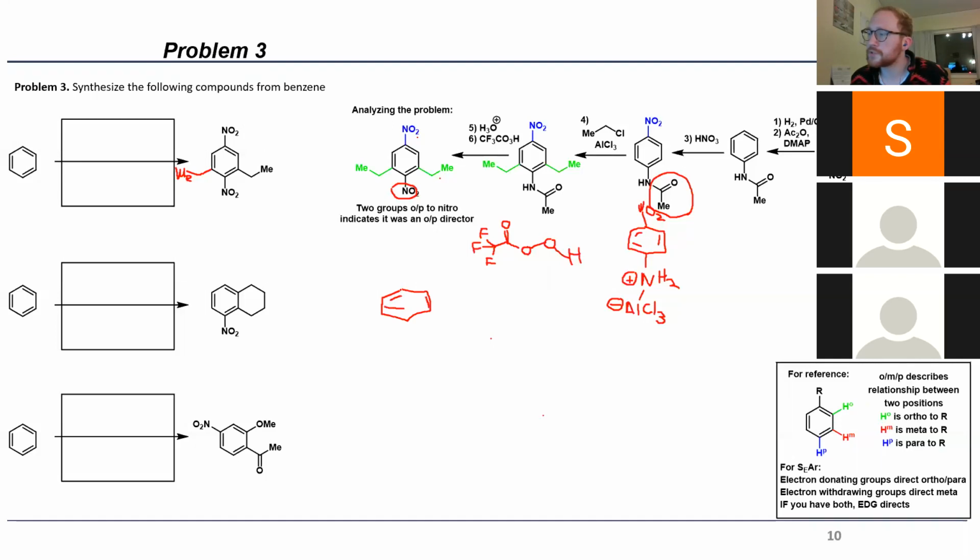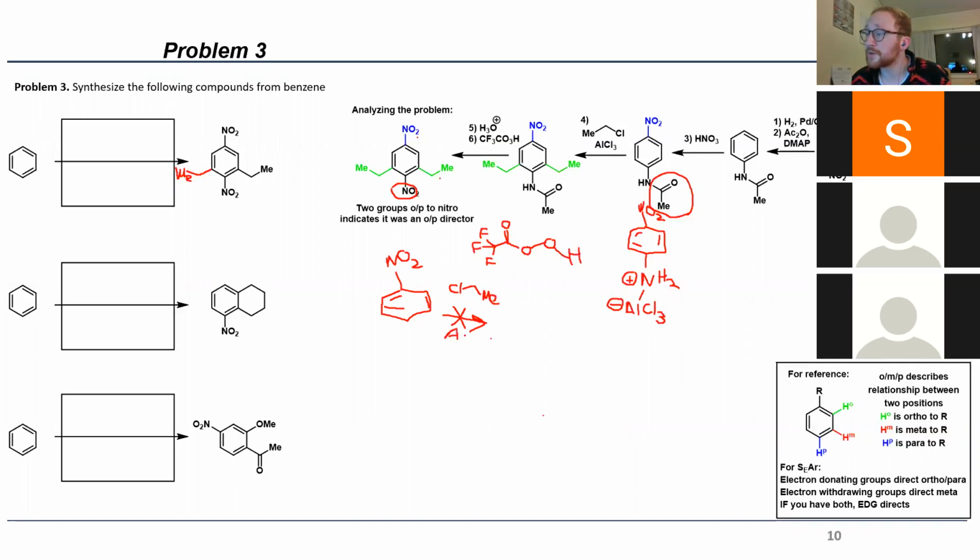So if you first do nitration, and then try and do Friedel-Crafts alkylation, this is a problem because the aromatic ring is not nucleophilic enough in order to do Friedel-Crafts alkylation.